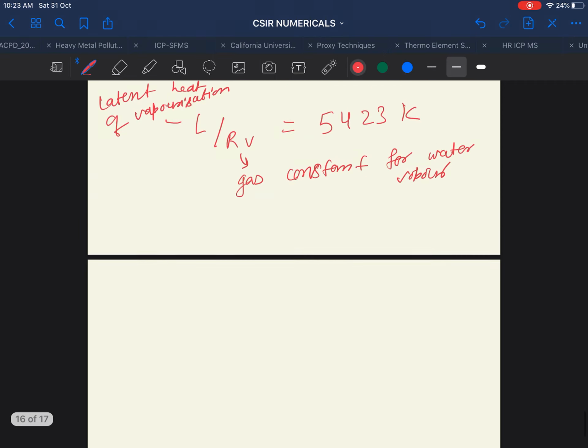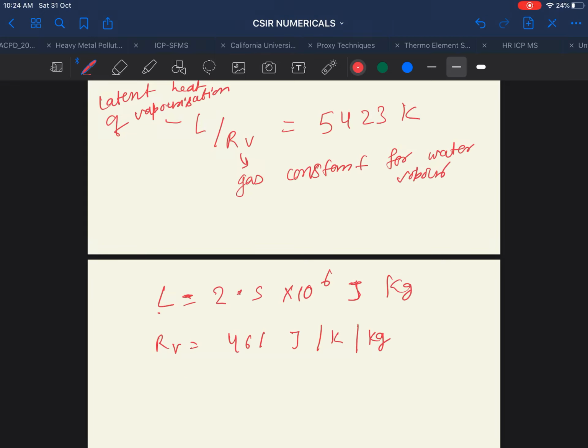When you solve this, the value of L is 2.5 into 10 to the power 6 joule per kg. This is latent heat of vaporization for water vapor. This is L. RV value is 461 joule per Kelvin per kg.